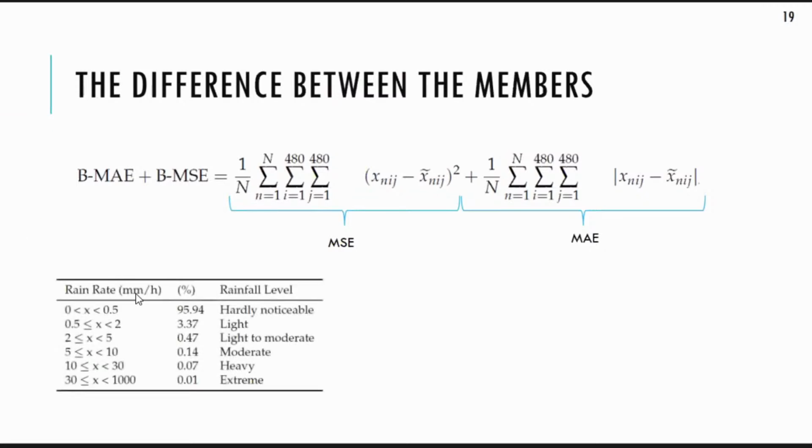But since they have this very high bias towards hardly noticeable rain, so rain that is only between 0 and 0.5 millimeters per hour, and they actually would like to focus on extreme and heavy events, but this is nearly not noticeable even in this large data set, they had to do something to account for that.